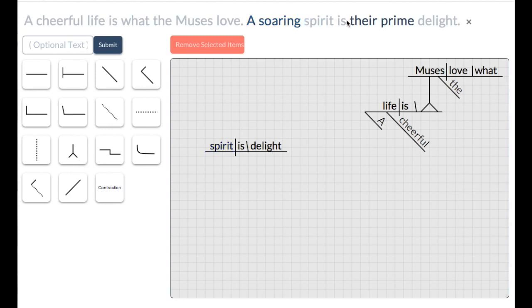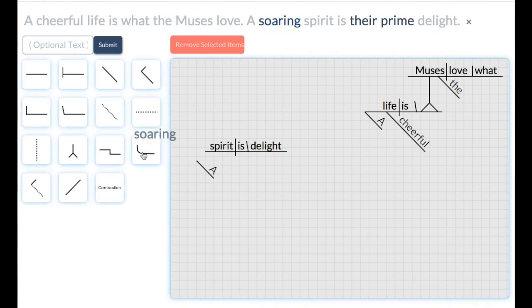Delight is a predicate noun going back to rename the subject, spirit. Now we have all of these other words to diagram. A is telling us more about spirit. Put it there. Soaring is also telling us more about spirit, but it's not just a regular old adjective like this one on a slanted line. This is made from a verb. So it's made from a verb and it's acting as an adjective. That's called a participle.